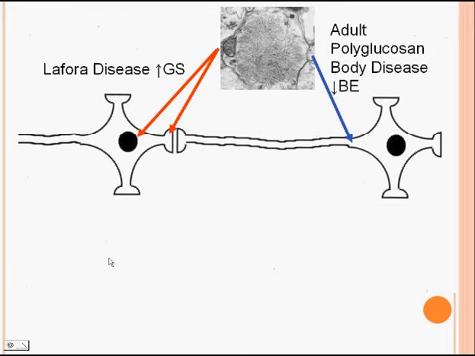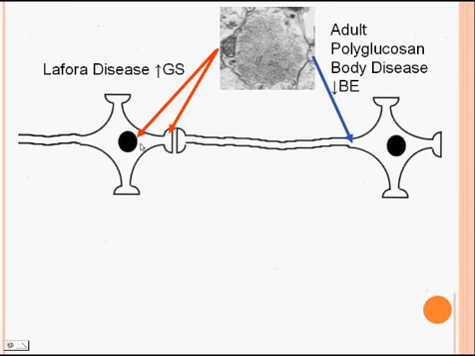As I said, there are 2 diseases with polyglucosan bodies, Lafora disease and adult polyglucosan body disease. For reasons that are not clear, in Lafora disease, the polyglucosan bodies are located around the nucleus of the cell and in dendrites. What are dendrites? You are seeing 2 neurons, 2 brain cells.